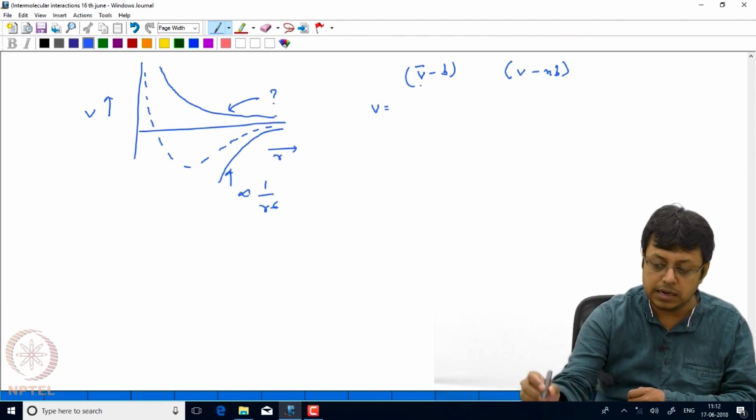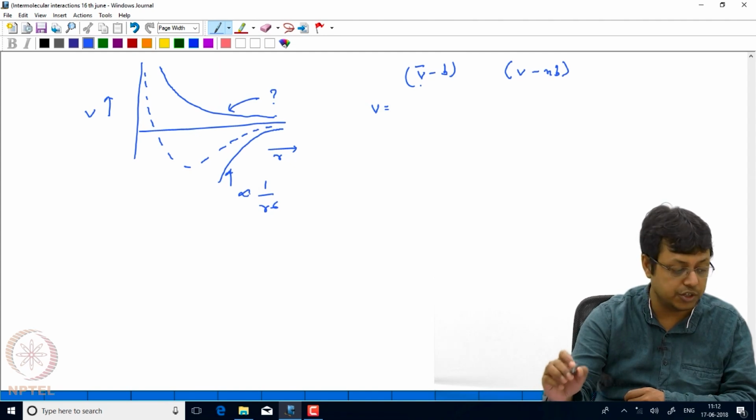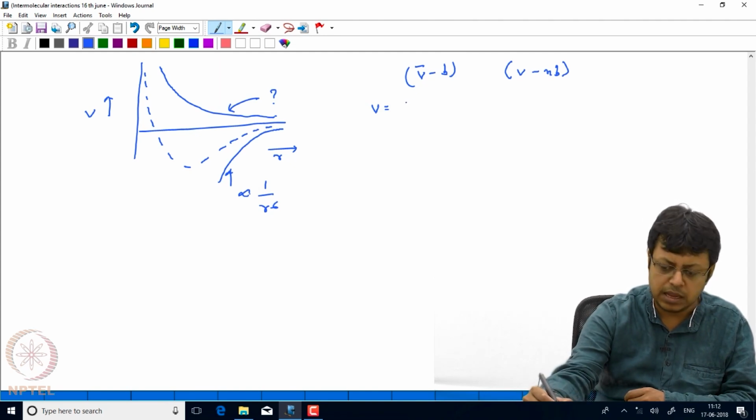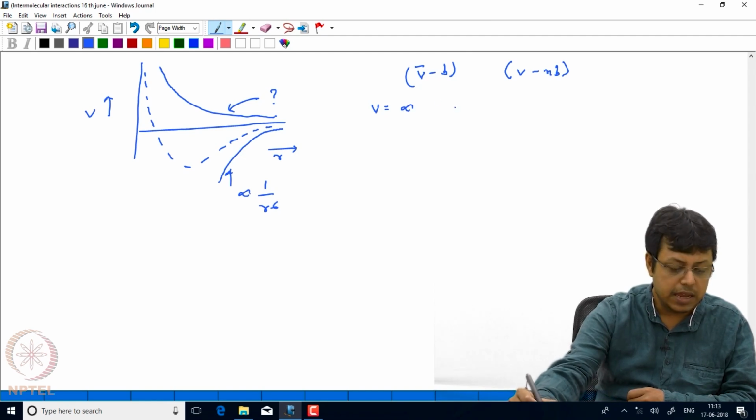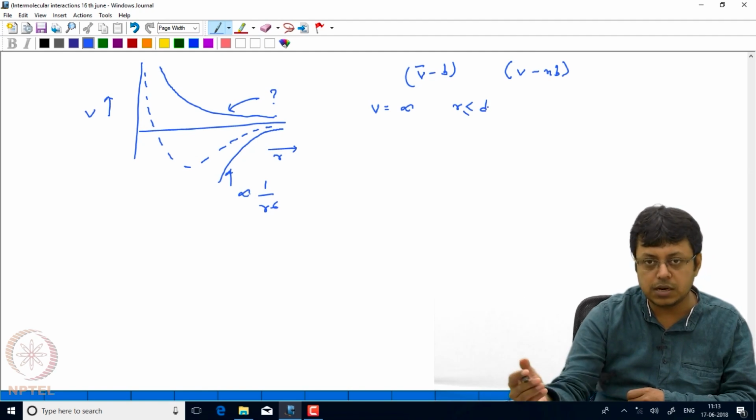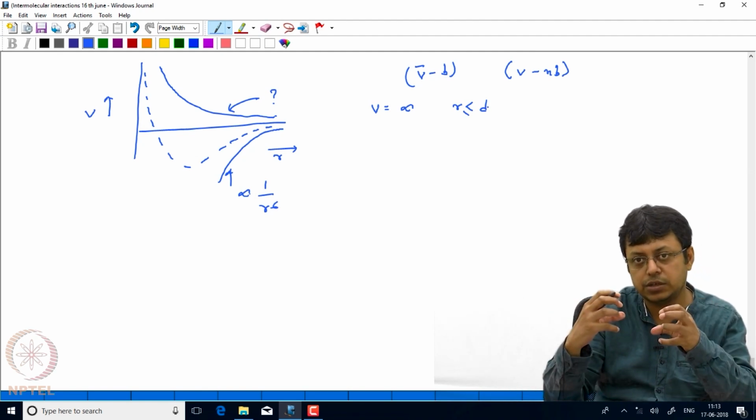So that is V for volume, and here we are writing V for the potential, or we could have written U for the potential. The idea is that this potential is basically infinite if the distance is closer, or if the hard spheres just touch each other.